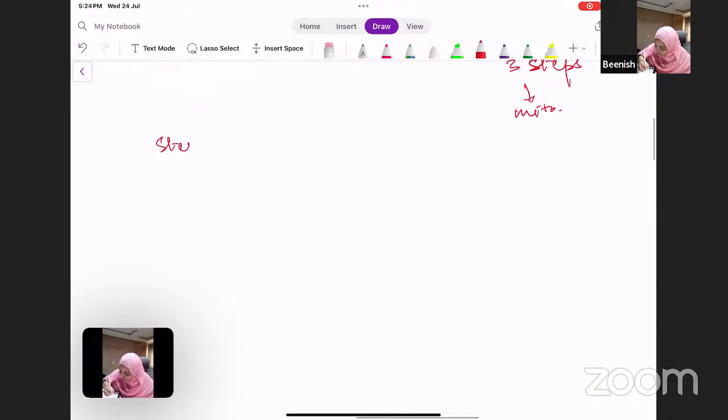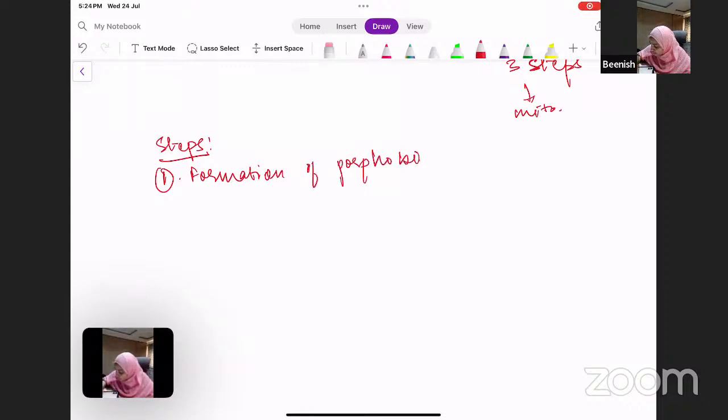Now talking about the steps of heme synthesis. It can be broadly classified into three major steps. Number one, the synthesis of porphobilinogen.